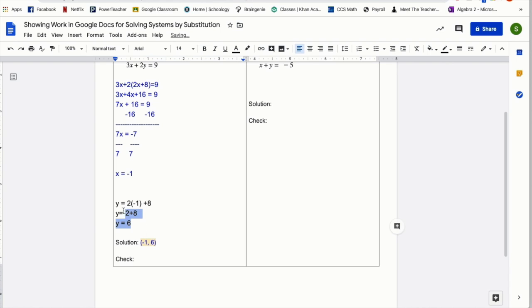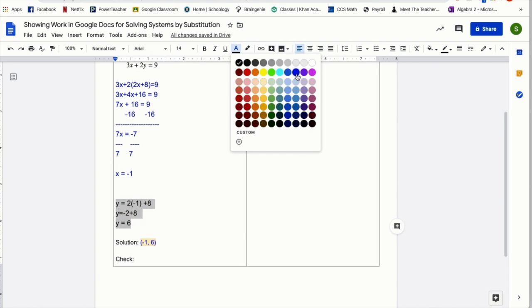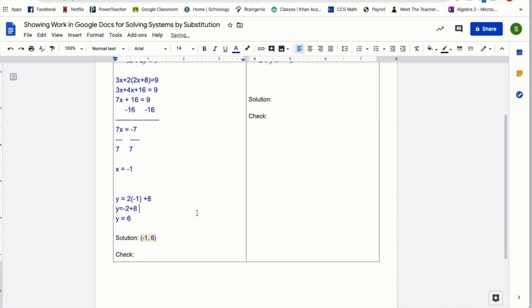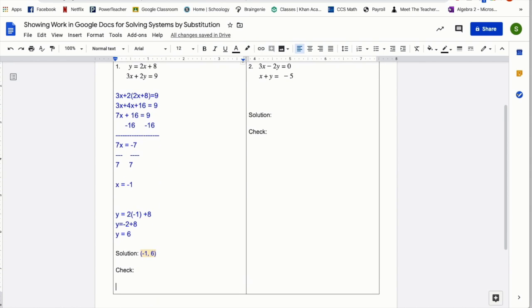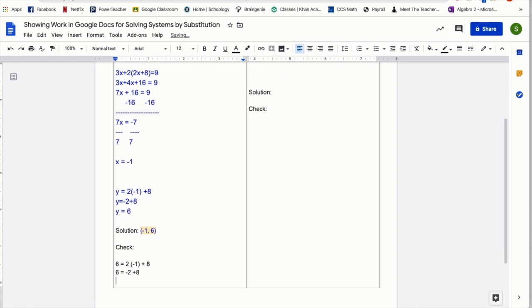And then I would check that in both equations. I'll show you how to check that here. So I would get 6 equals 2 times negative 1 plus 8. This time I'm using spaces, before I didn't. Again, it really doesn't matter. So I get 6 equals 6. So that worked in that one. Remember, we always want to check in both.